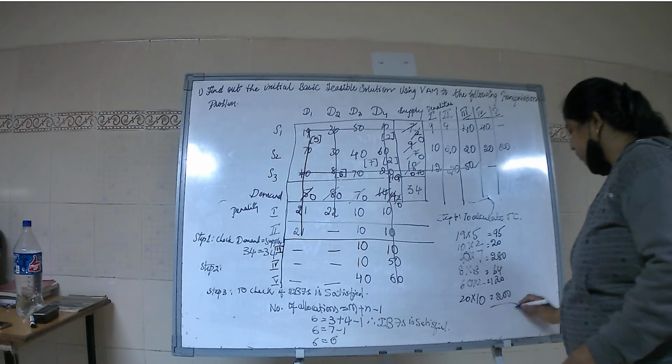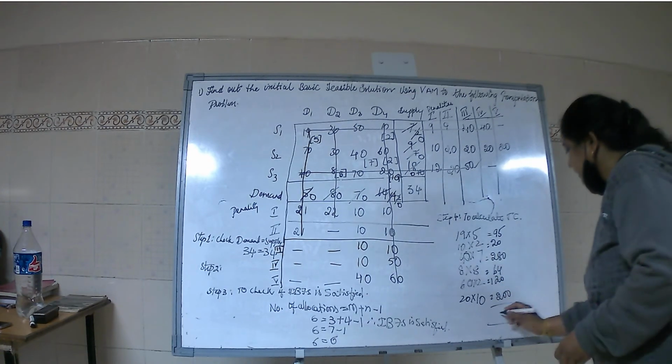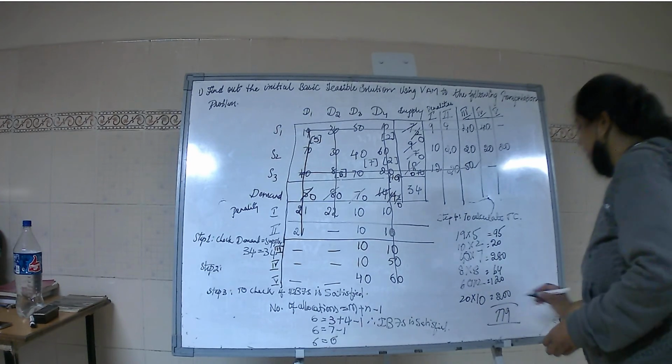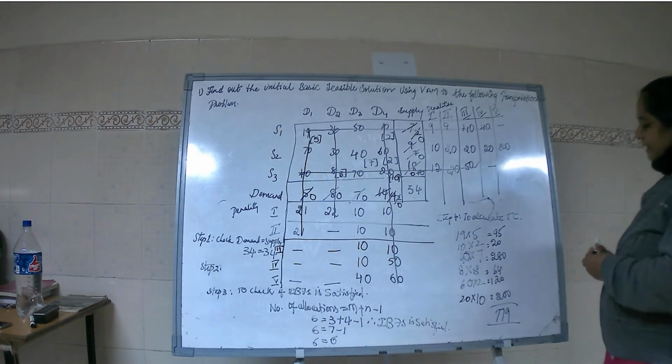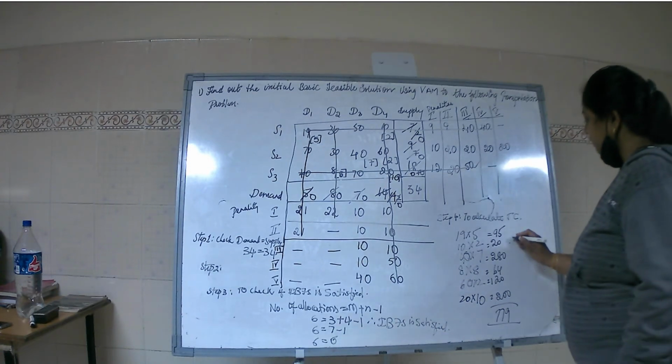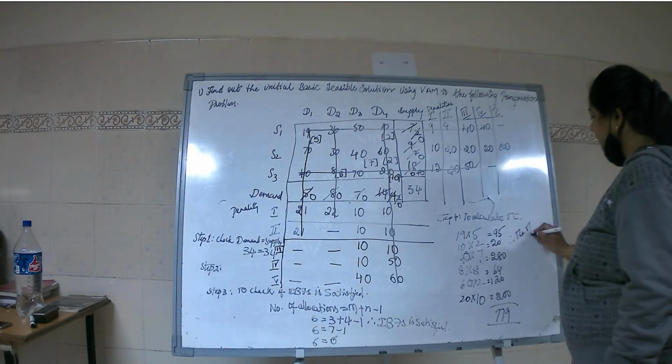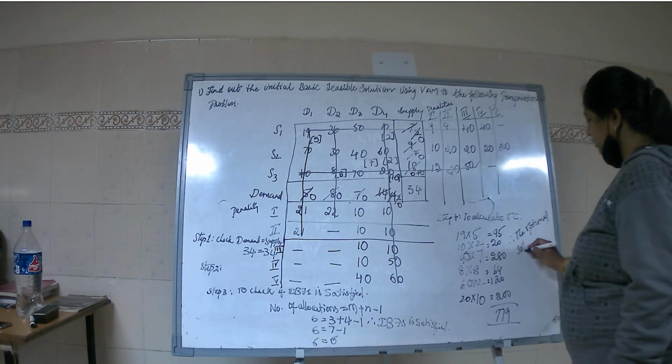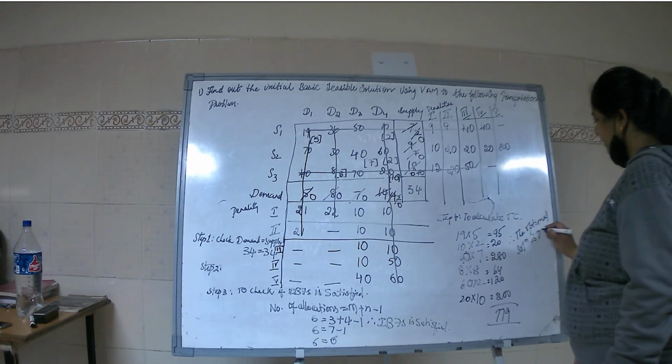So can you tell the total? 779. So this is the total value for the transportation cost. So here, therefore, the optimum solution is 779.